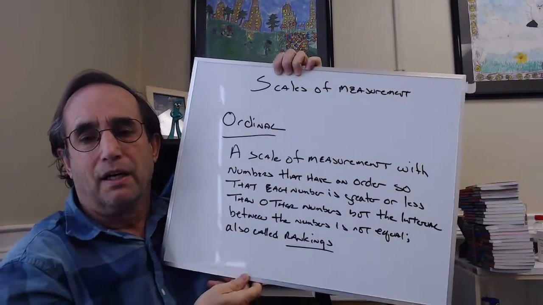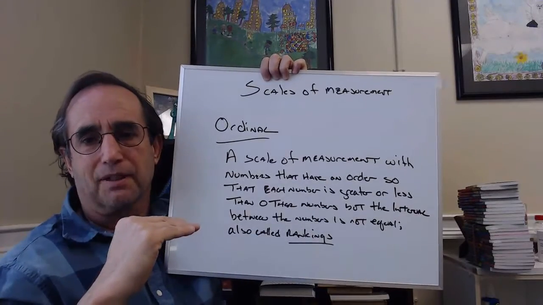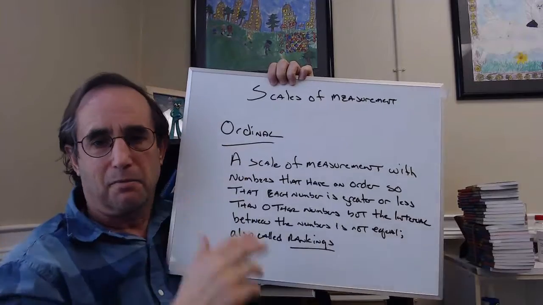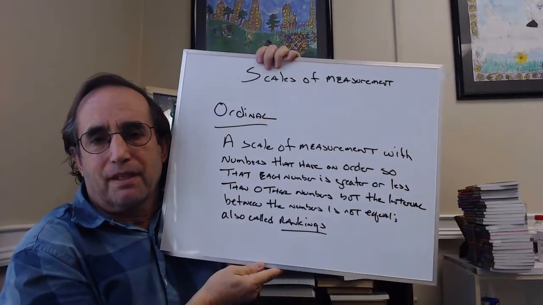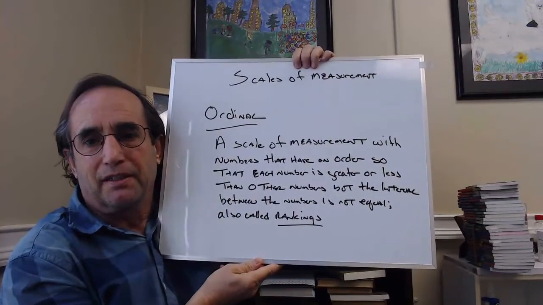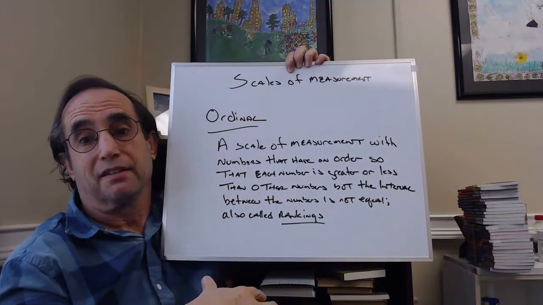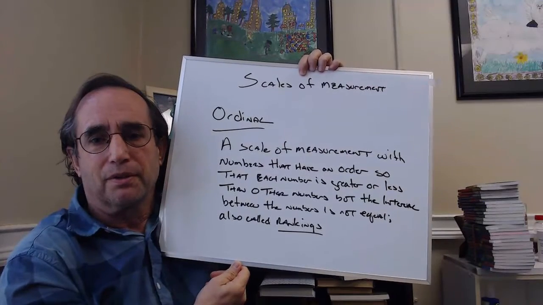Ordinal might be your ranking in class, right? So you're top of the class, bottom of the class, somewhere in between. Piedmont doesn't do a lot with class rankings, but you always hear about that, say at West Point, someone graduated first in their class or last in their class. So that's ordinal.